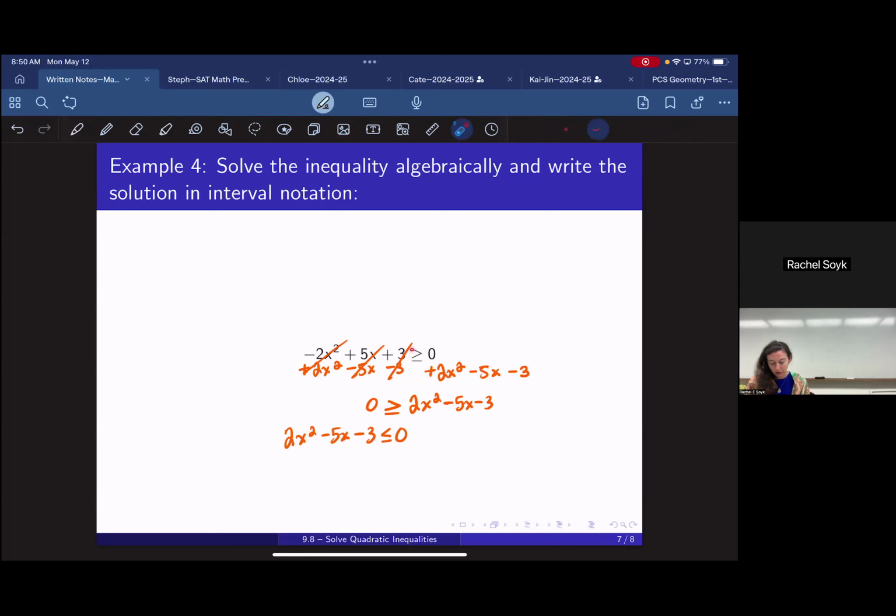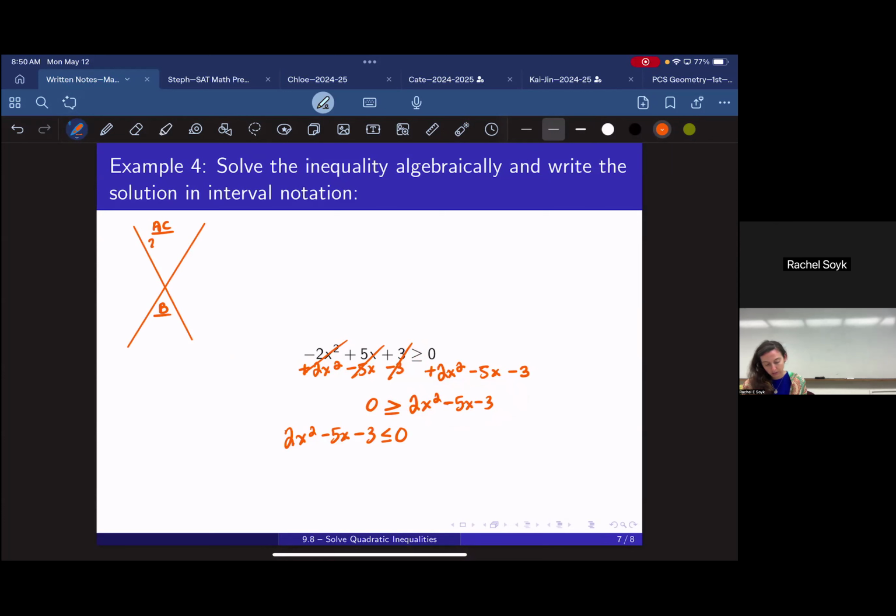We need to make sure that point stays next to that whole quadratic. Okay, now we can go ahead and factor if we can. So let's utilize our AC method to see if this works.